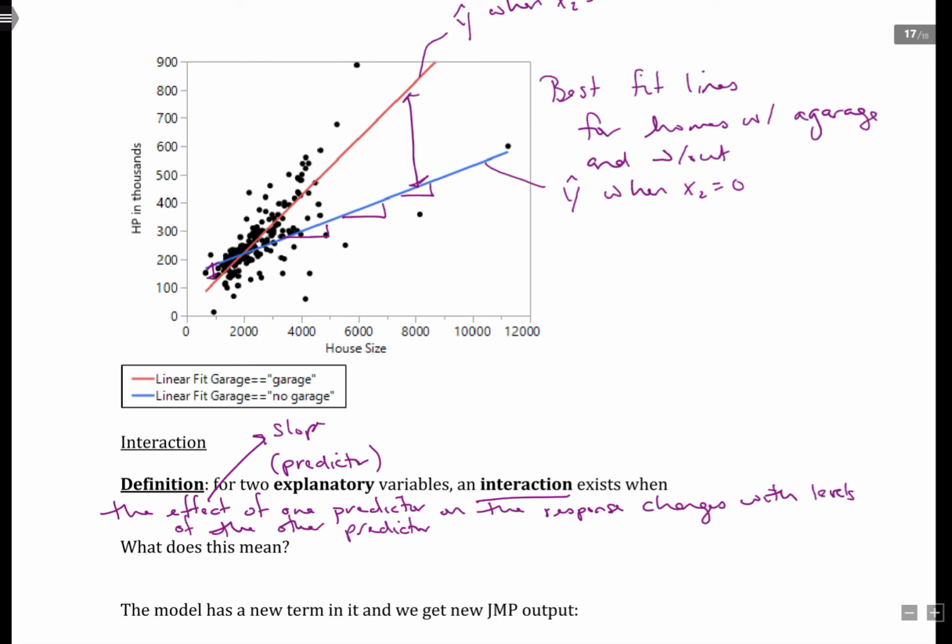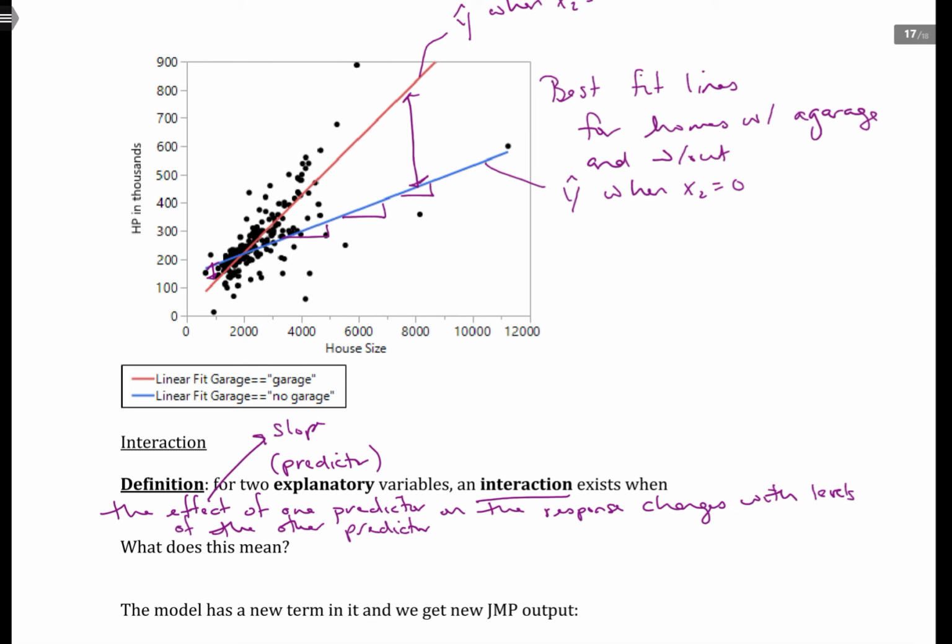So for one level of the garage variable, we have a relatively weak or low effect. There is a small gain in price due to increases in house size when there are no garages.